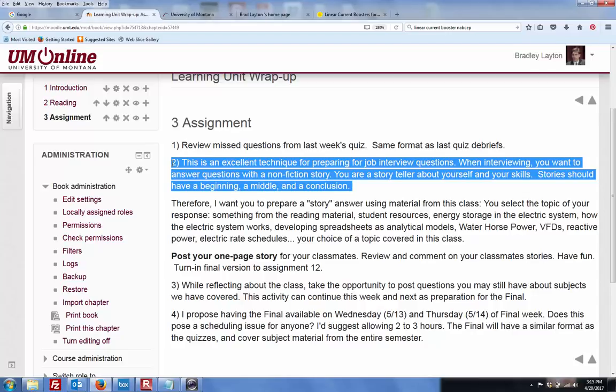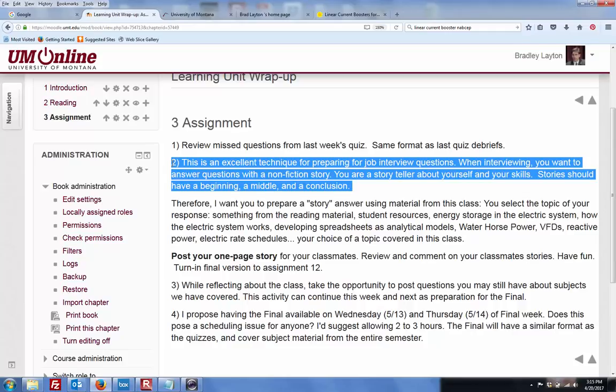He said, I want you to prepare a story, answer using material from the class. You select the topic of your response, something from the reading material, student resources, energy storage in the electric system, how it works, developing your spreadsheets as models. We've just been doing a lot of water horsepower. We did variable frequency drives last time. We now know what reactive power is, and we've done a lot with the rate schedule. So there's a lot going on.